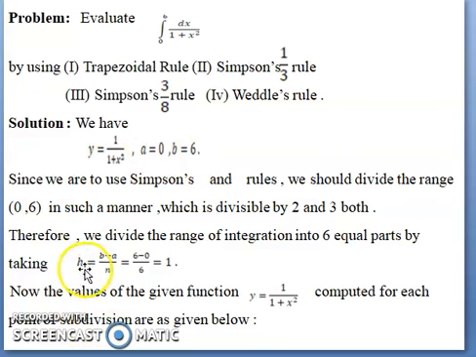We find h equals b minus a divided by n. This is the formula of h. And what is n? N is the number of equal divisions. So we divide 0 to 6 into 6 equal parts, so we get the value of h as 1.